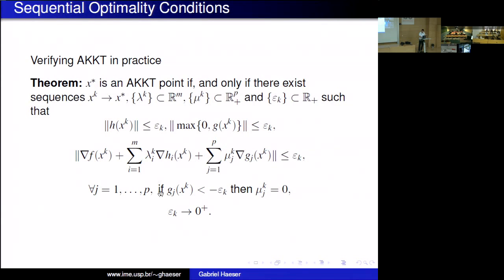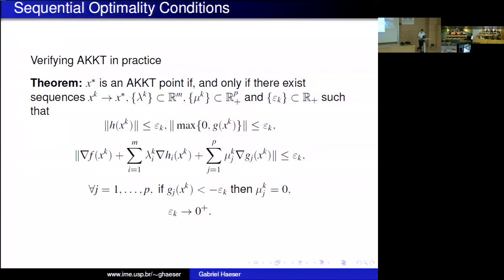And this is one possible way of measuring complementarity. If Gj of xk is sufficiently less than 0, so if Gj of xk is less than minus epsilon k, then the multiplier should be 0. Okay, so this is equivalent to the previous condition.